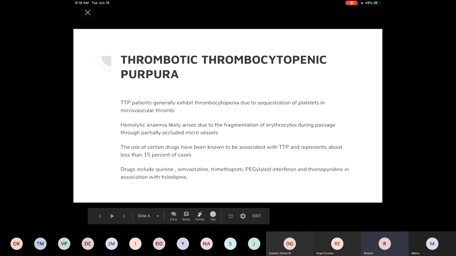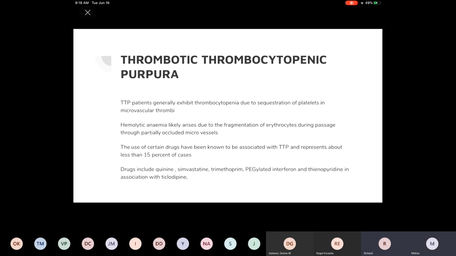Mm-hmm. All right, so TTP patients generally exhibit thrombocytopenia. This is due to the aggregation of the platelets, making the patients become a little bit anemic, and there are certain drugs that are known to be associated with TTP, and they represent less than 15% of the cases.